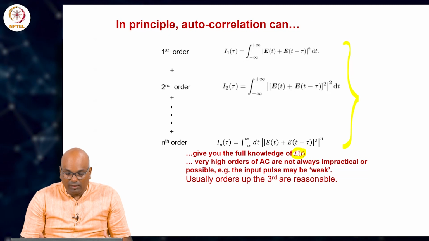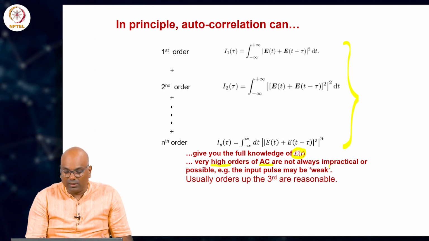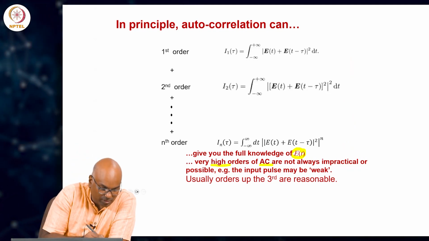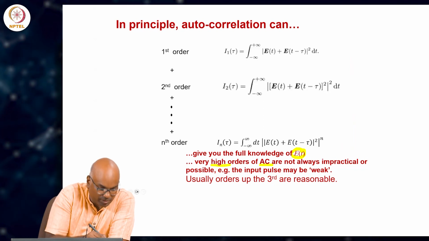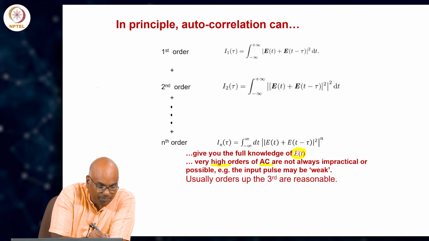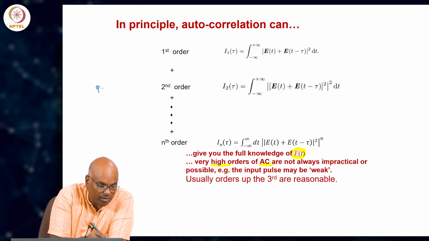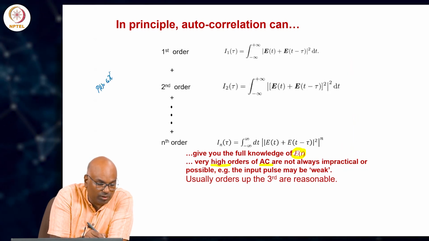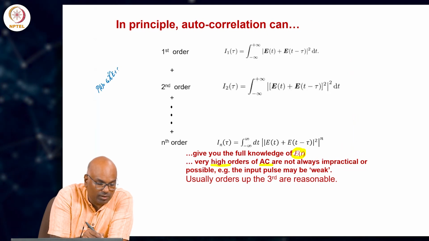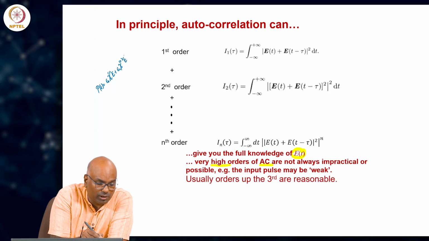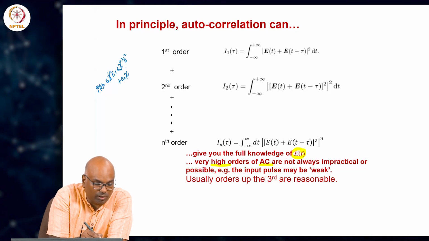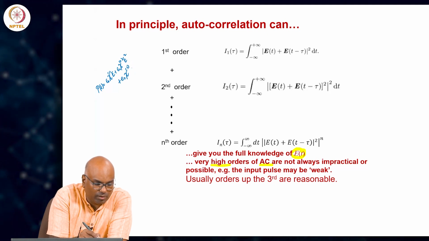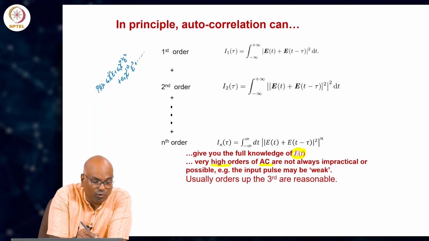But then the point is, higher orders of autocorrelation are successively weaker than each other, because every successive order of autocorrelation relies on a perturbative expansion of the type P of, let us say, t is epsilon naught chi 1 E plus epsilon naught chi 2 E square plus epsilon naught chi 3 E cubed, and so on and so forth.